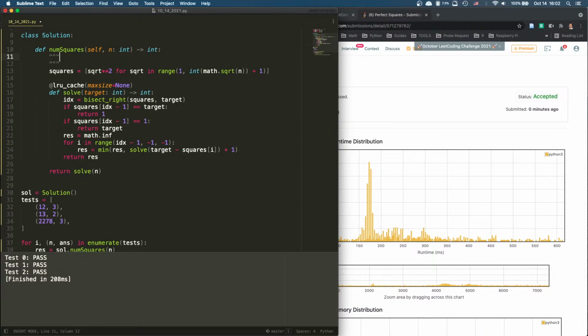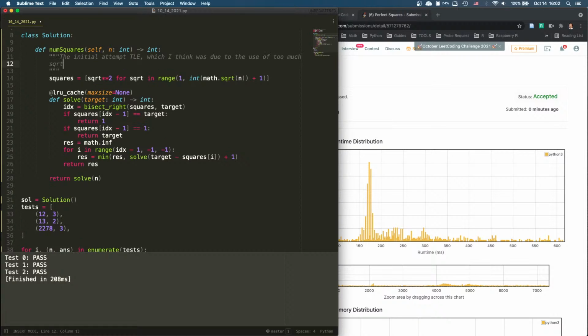It's really mediocre. So the initial attempt, TLE, which I think was due to the use of too much SQRT operation.